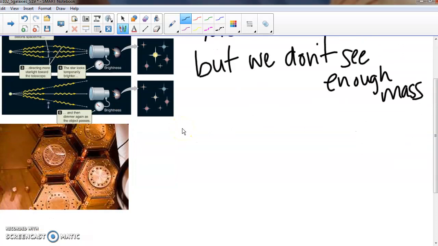So what about those WIMPs? Well, this is an interesting photo here of a piece of equipment. We actually look for WIMPs in the laboratory here on Earth. We do physics experiments.